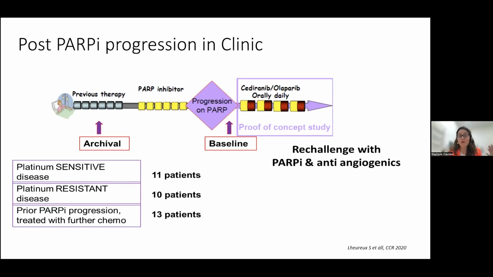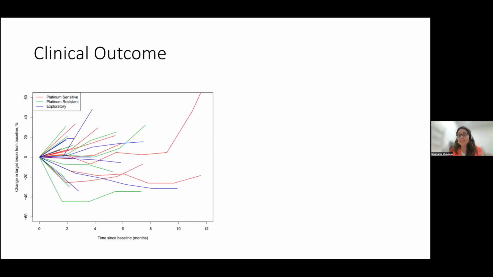Before, for all treatment of ovarian cancer, we distinguished platinum sensitive and platinum resistant, but when patients are treated with PARP, that doesn't mean anything anymore. So here we enrolled patients with platinum-sensitive and platinum-resistant disease. All patients got a biopsy at the time of PARP progression. When they progressed on PARP, we re-challenged with a PARP inhibitor combined with an anti-angiogenic to see if we could overcome the resistance. What did we find?